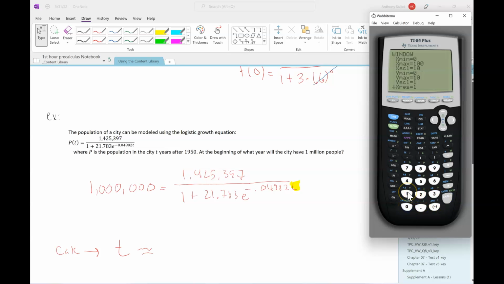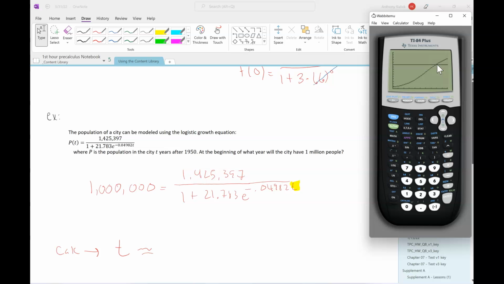And our maximum, I'm going to do like 1,500,000. Is that the right number of zeros? Yeah, okay. And we'll go by 100,000s. Okay, hit graph. So there's my 1 million line. Here's my logistic curve.